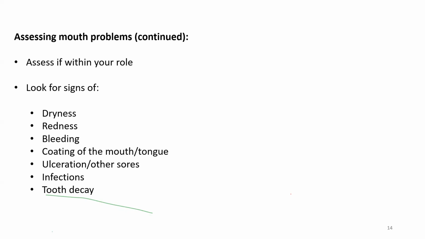We're also looking for signs of redness, any bleeding from the gums, for example, or the tongue, and any coating of the mouth and tongue. We're looking for ulceration or sores in the mouth. We're looking for infections, which could include things like abscesses in the mouth that become infected. And we're looking for tooth decay, so again, the natural teeth that may be decaying, we're looking for those as well.